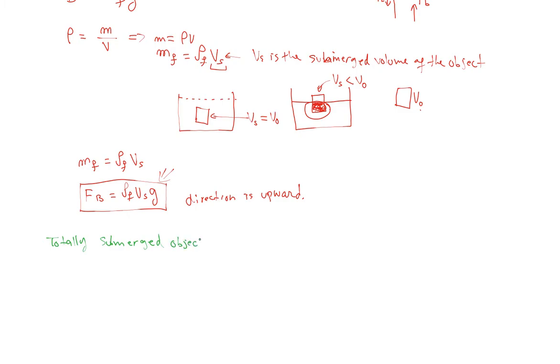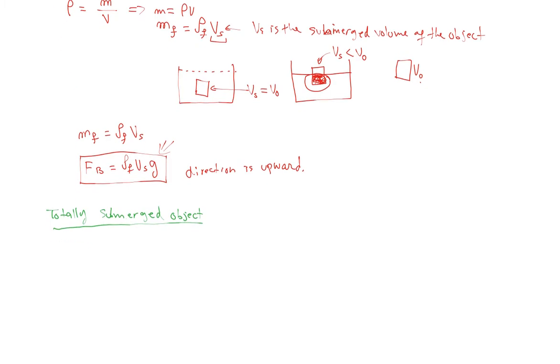Consider the special case when the object is fully submerged. So when it's fully submerged, what is Vs? In this case, Vs equals the volume of the object, because all of the volume of the object is submerged inside the fluid.